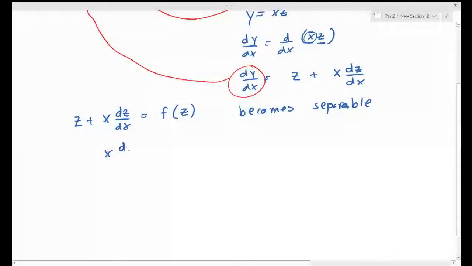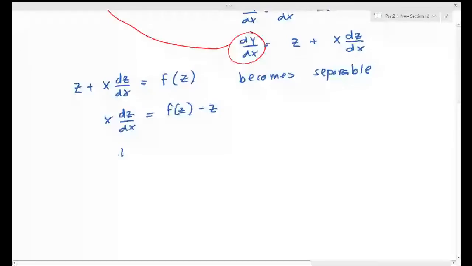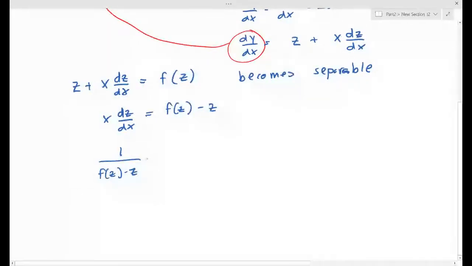And we'll see that. Just subtract z over to the right, and then you can separate the z's from the x's on either side of the equality. Right. So then you can find the antiderivative.